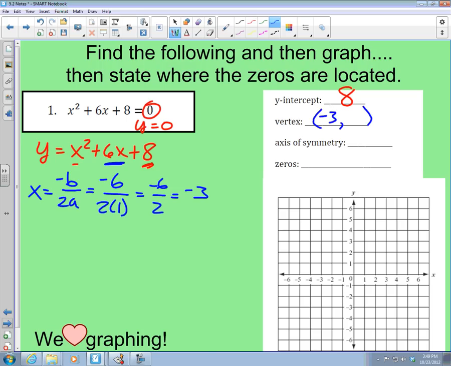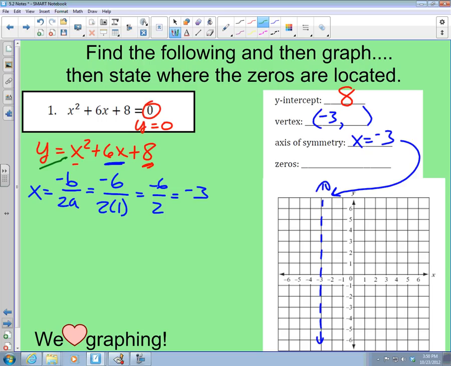Axis of symmetry, I know is x equals negative 3. I'm going to throw in a beautiful little axis of symmetry here, which is x equals negative 3.